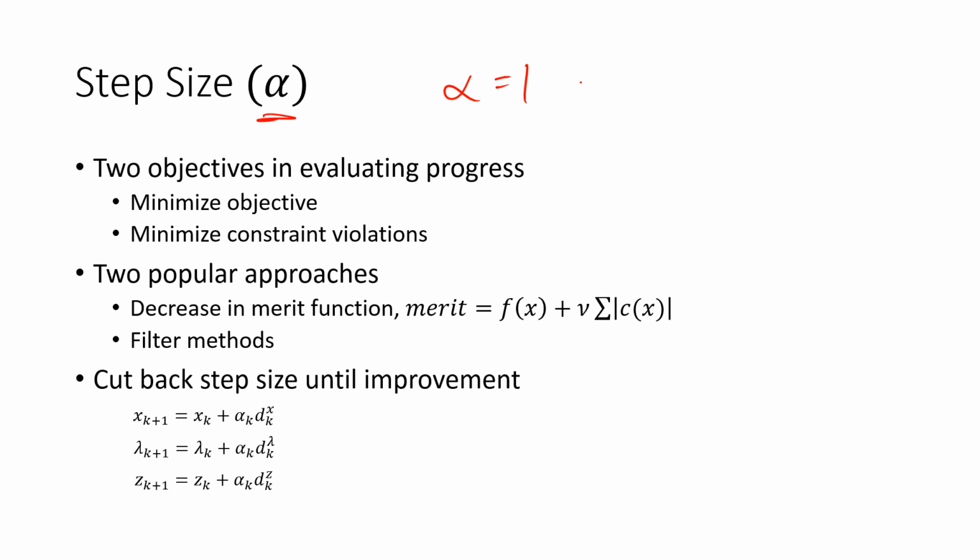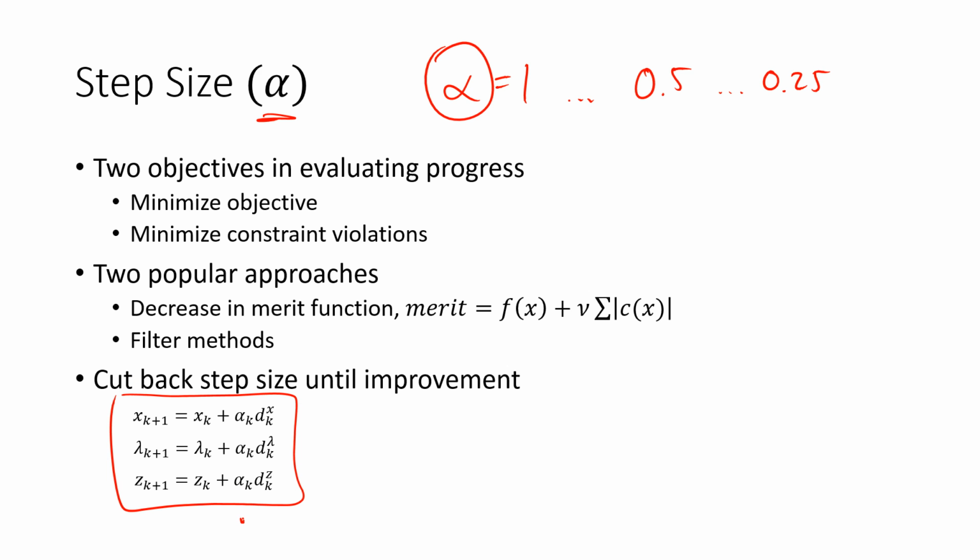So we'll try 1, but then we might move down to 0.5 or 0.25, take a quarter step, for example. We're going to use this line search with this step size right here. So we'll scale back, finding our new points. If this equals 1, we'll take a full Newton step with these deltas that we calculated from the search direction.